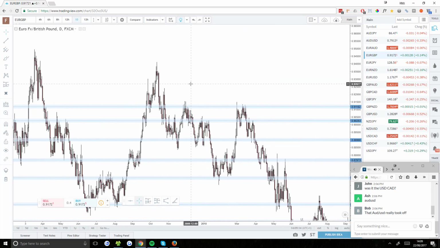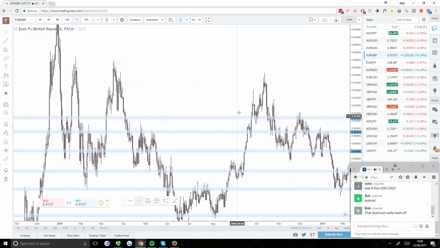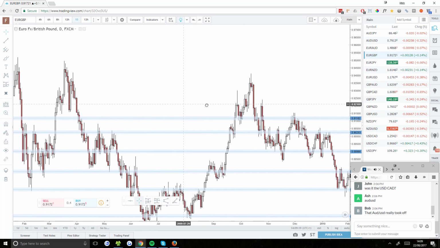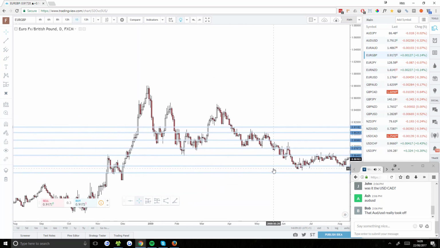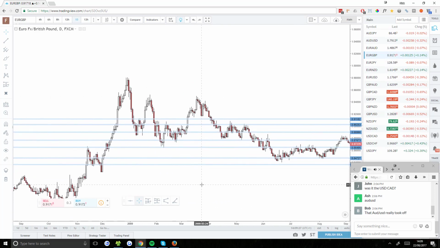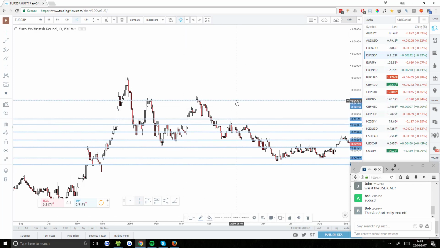2009 was the last time it was there. Looking back to 2009 for support resistance is almost impossible because price was moving like crazy back then. See these big moves? You can't really use support resistance from all the way back then. I mean, you can use the major ones, I guess. Like something like that.